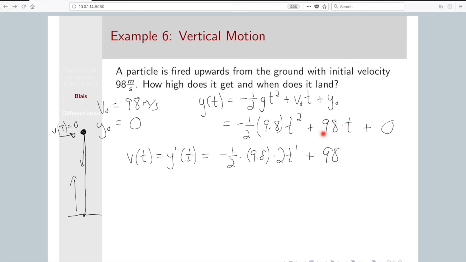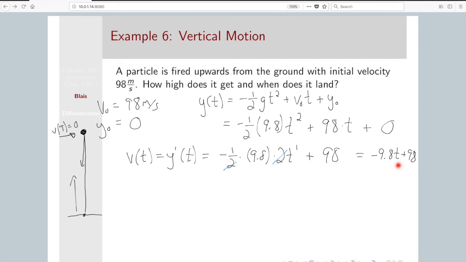And then when we do power rule on the 98t term, the derivative will just be 98. And you see here the 1/2 and the 2's cancel. So this becomes negative 9.8t plus 98.